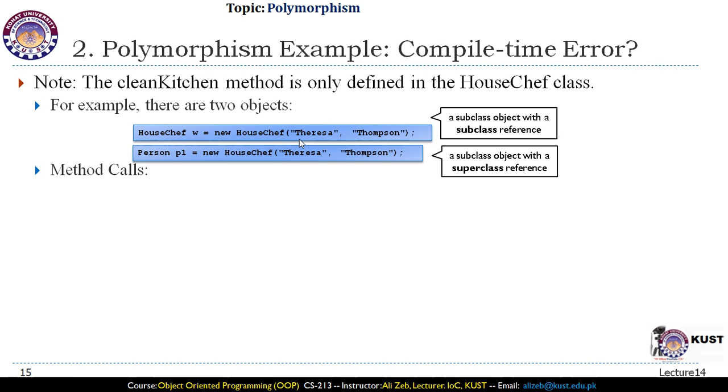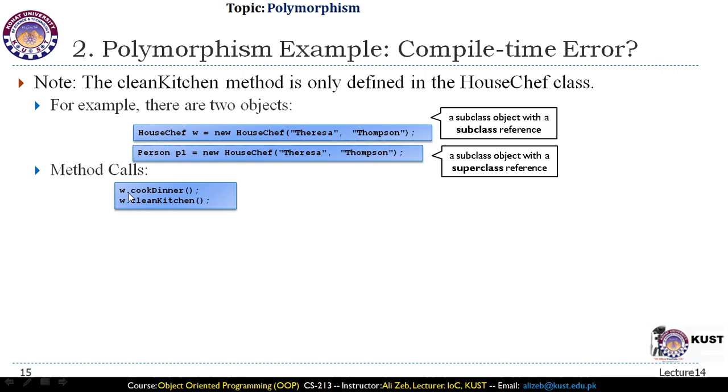Now we saw in our previous videos and in these examples that an object of the subclass is an object of the superclass, and we can use that object to call the methods that are common in the two classes. So both of these methods are being called with a subclass object.